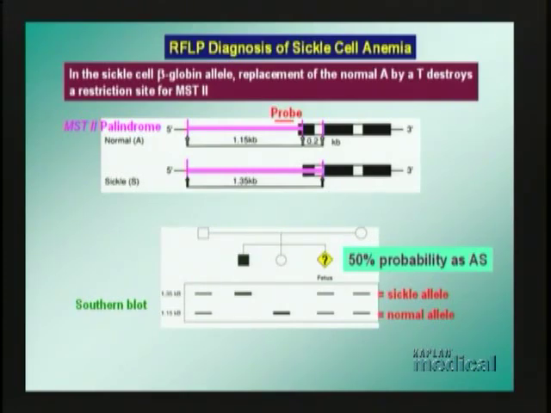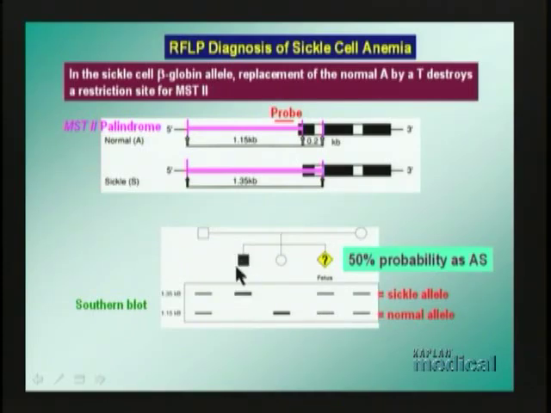So 2 fragments, 1 normal, 1 sickle. Similarly with the mother here, 1 fragment seen at 1.15 kb, another fragment seen at 1.35 kb, indicating that both the mother and the father are heterozygous for sickle cell.